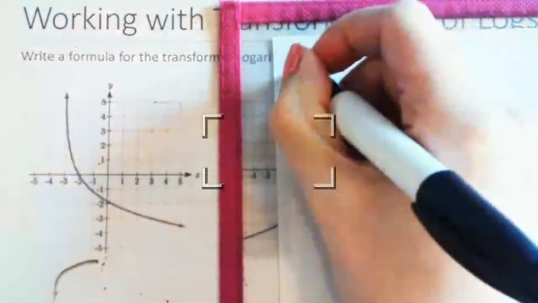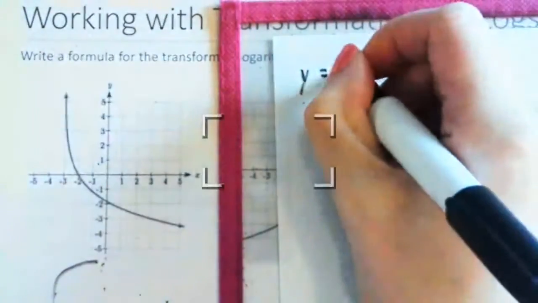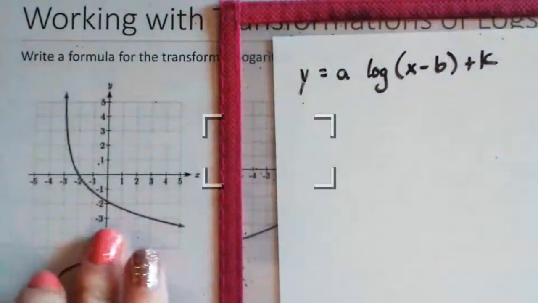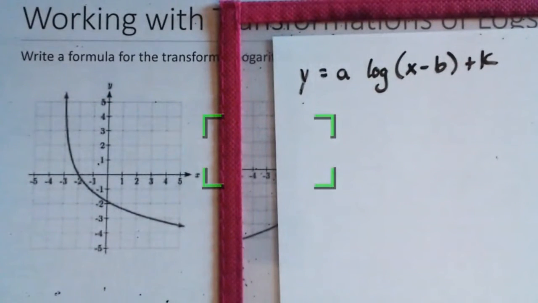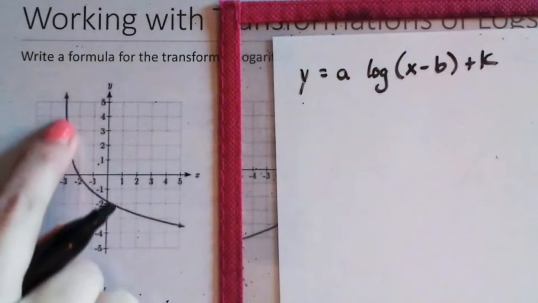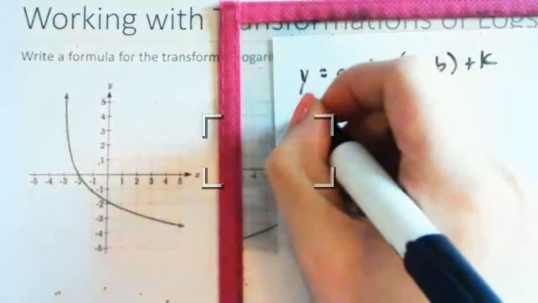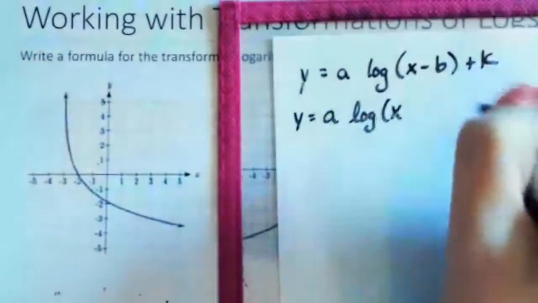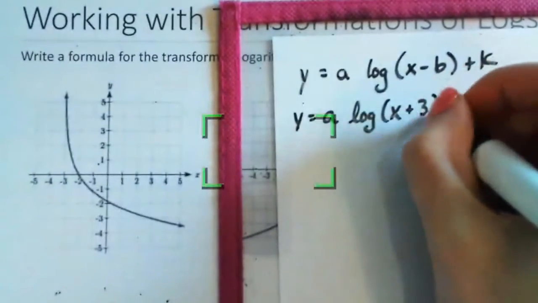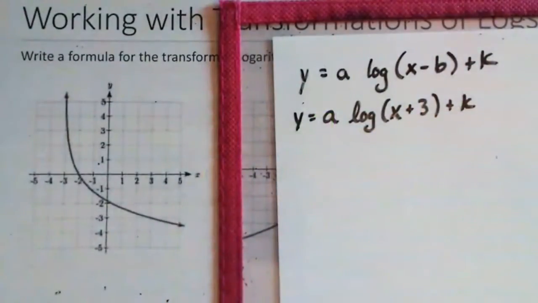When it's on the left, then we get to use the standard y equals a log of x minus b plus k. B is our vertical asymptote. So what vertical line are we getting really, really close to? -3. So I'm going to replace b with a -3. That'll give us y equals a times the log of x minus a -3 turns into +3 plus k.